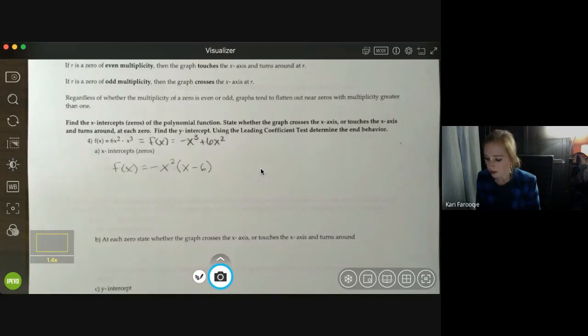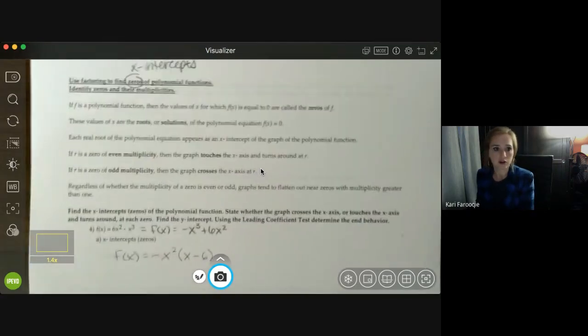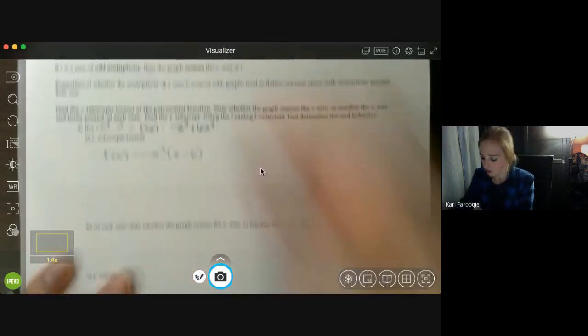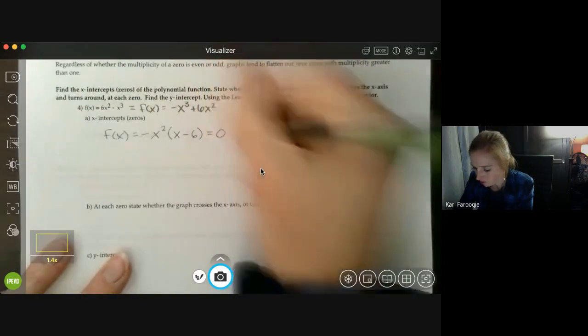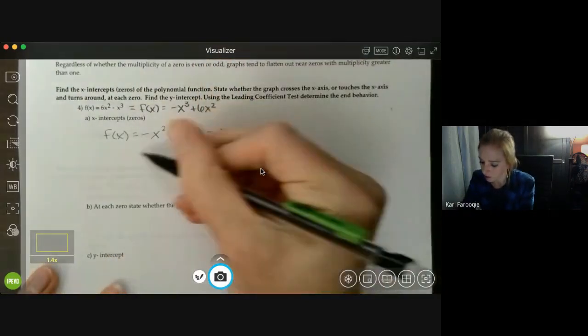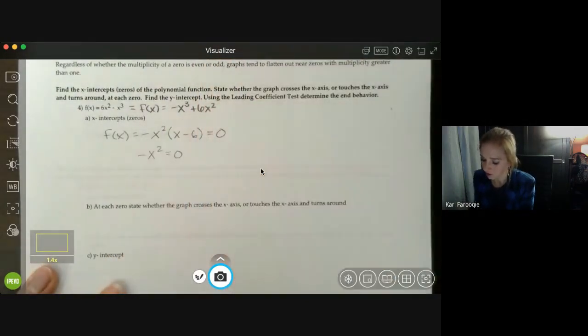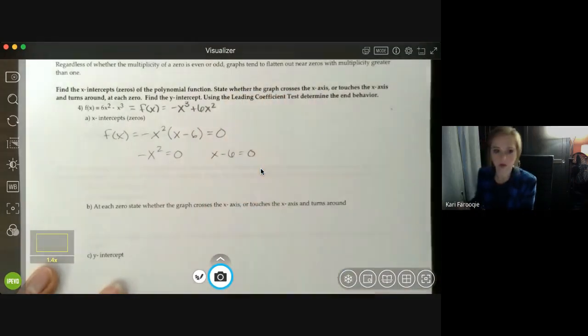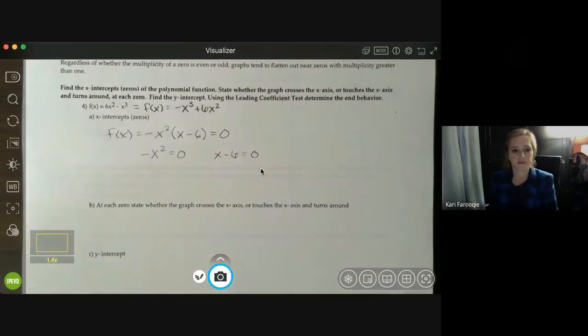Okay, now back to our definition here. We're going to find these roots by solving for f of x is equal to 0. So we're going to set this quantity equal to 0. And now we have two things occurring. We're going to use the zero factor property, which you used previously in algebra.